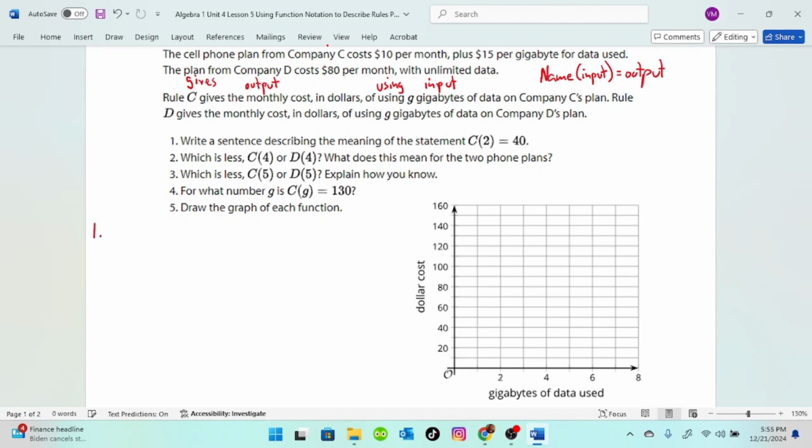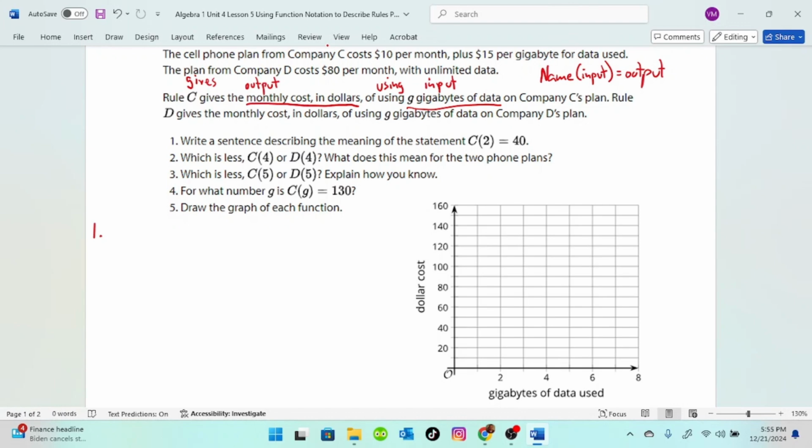Now using this information, C is going to be the name, 2 is going to be the input, and we see that the input is gigabytes of data, and 40 is going to be the output, which we see is monthly cost in dollars.